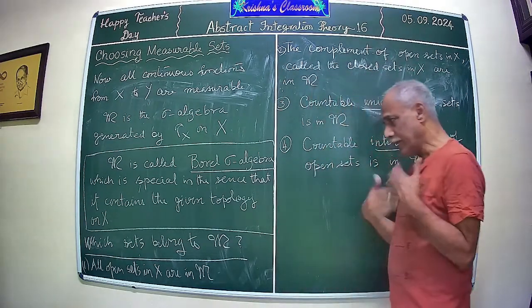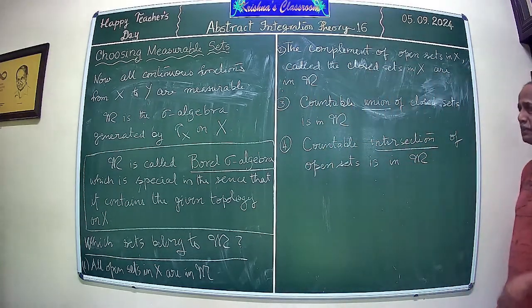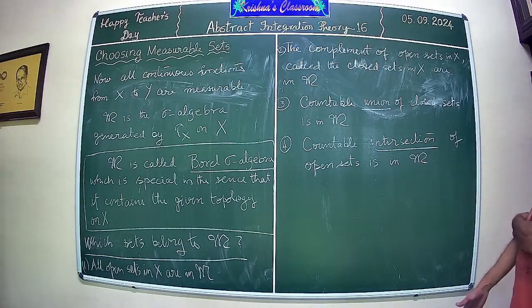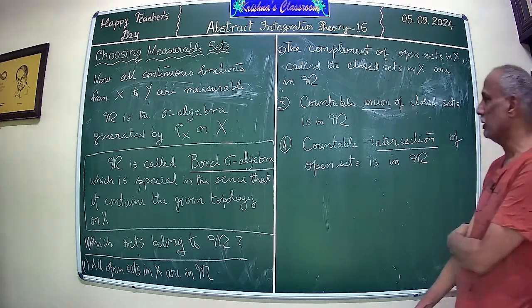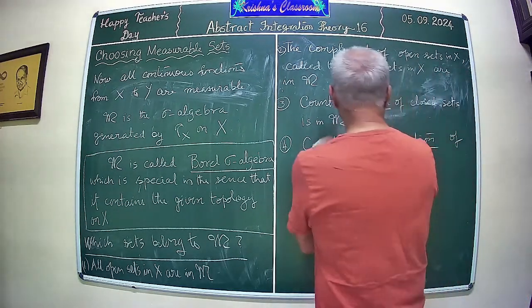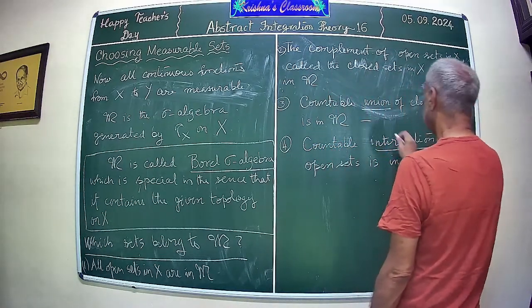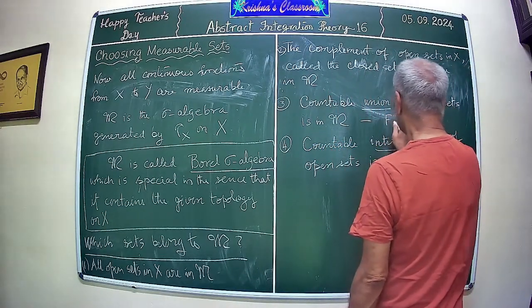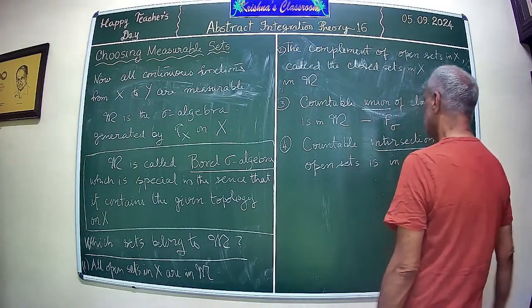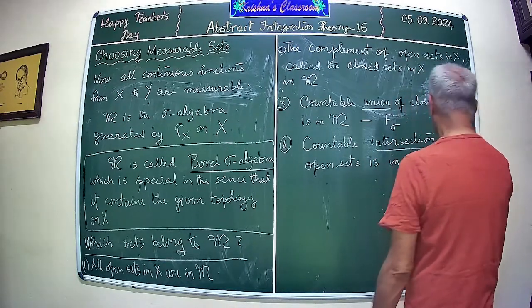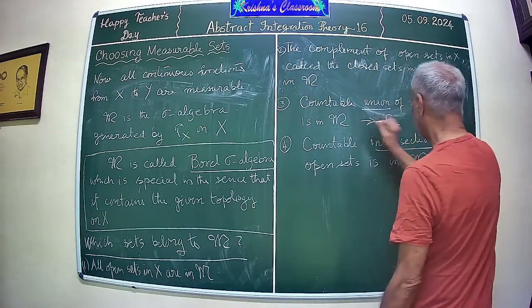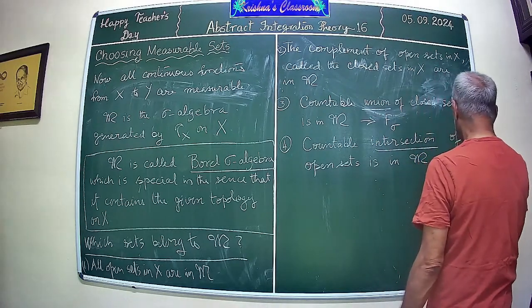So M is closed with respect to countable union of closed sets and countable intersection of open sets. Now these sets are given a name: F sigma, and this collection is called G delta.